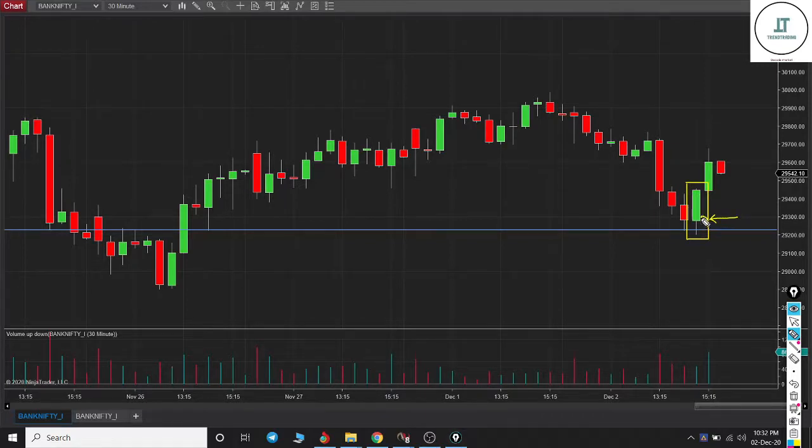This means open, low, close and high. That means these sellers tried to push the price lower, but buyers, who are they? These super bullish buyers came in and rejected the price.